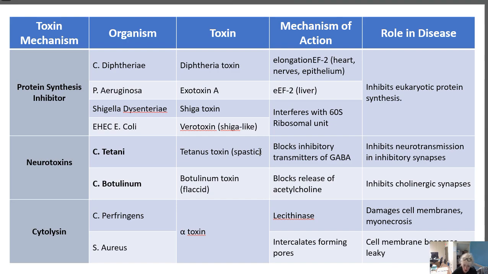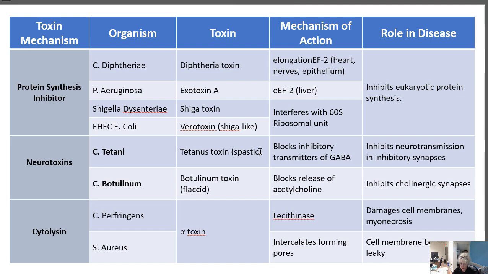Cytolysins like Clostridium perfringens and Staph aureus use the alpha toxin. You notice both do. The C. perfringens uses lecithinase to lyse these cells, and Staph aureus intercalates, forming pores.